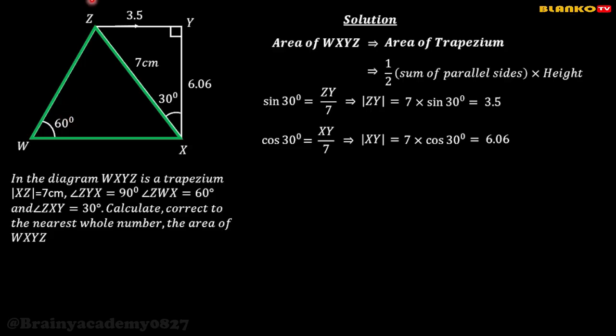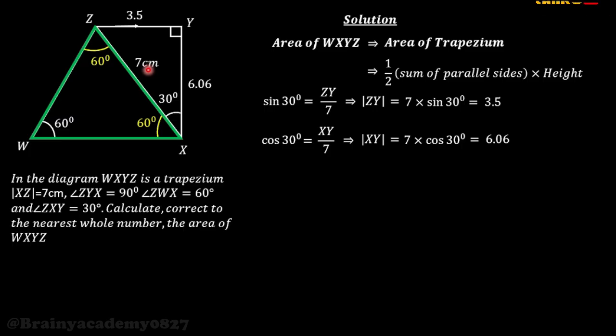So if angle ZWX is 60 degrees, then angle WXZ is also 60 degrees, and angle XZW is also 60 degrees. That means the triangle is an equilateral triangle with a side of 7 cm, that is, ZX is 7 cm.